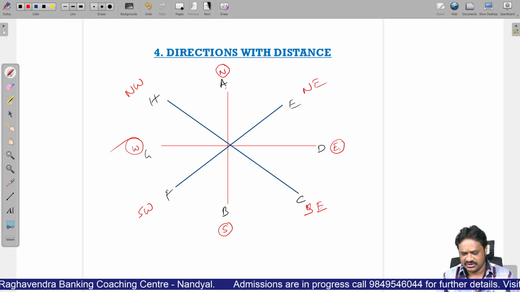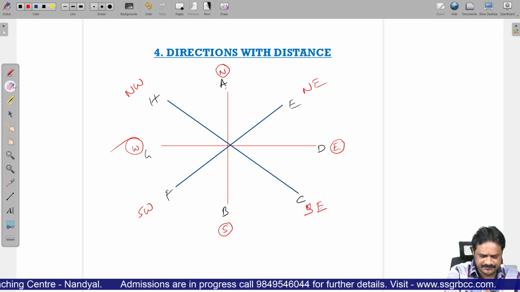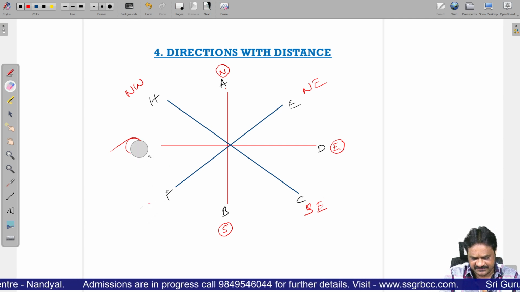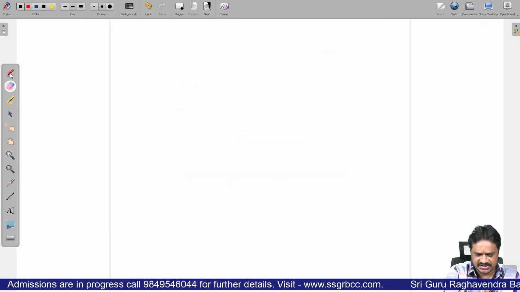Now, related to distance and direction, you have to remember one thing: facing. When the person is facing east and turning right or left, how to answer? Let us see.